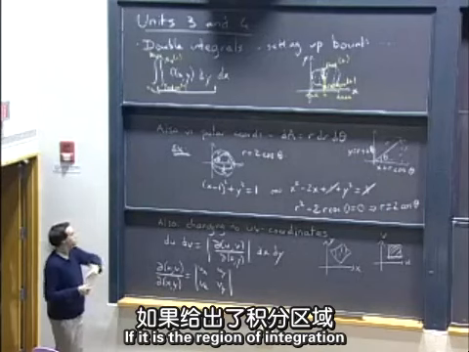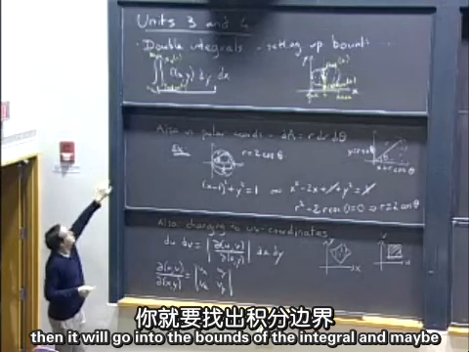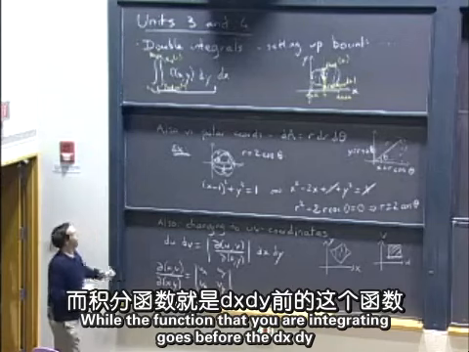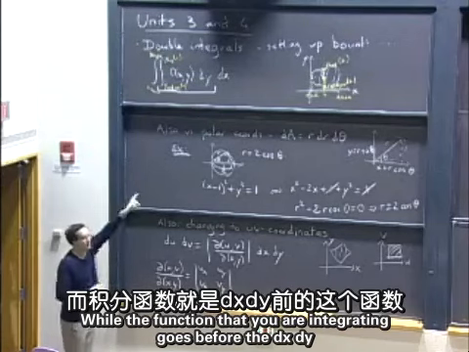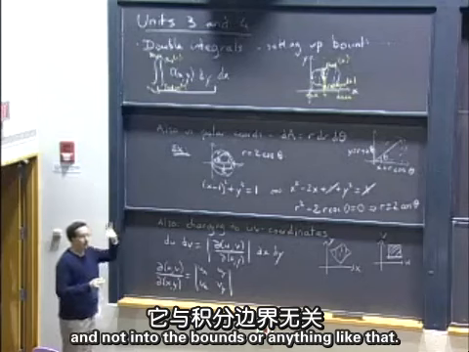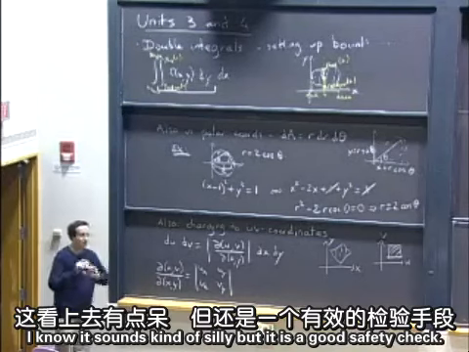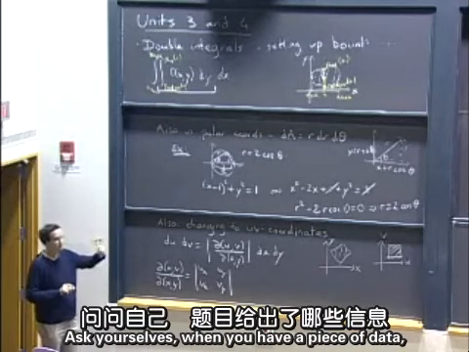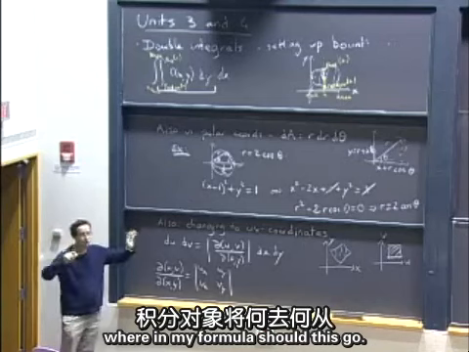If it's the region of integration, then it will go into the bounds of the integral and maybe in the choice of the coordinate system that you will use for integrating. While the function that you're integrating goes before the dx dy and not into the bounds or anything like that. I know it sounds kind of silly, but it's a good safety check. Ask yourself when you have a piece of data, where in my formula should this go?